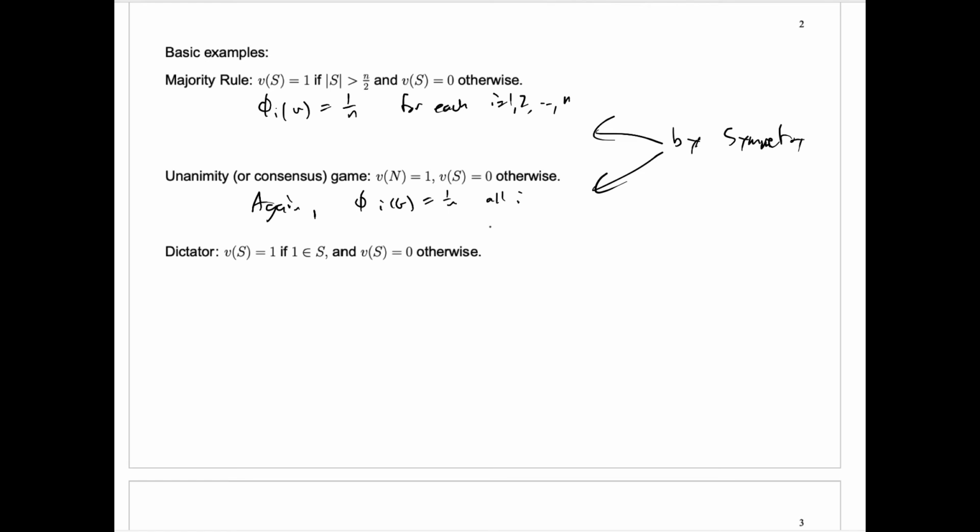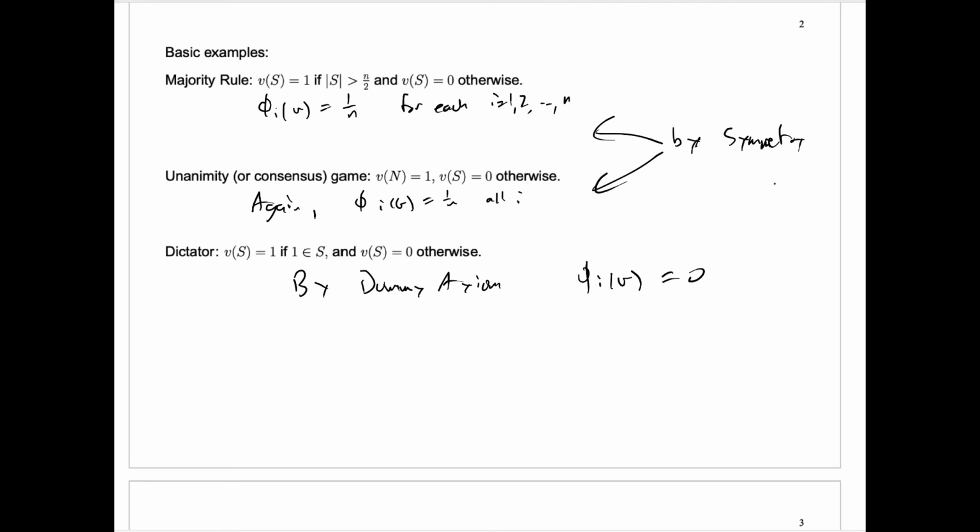Well, what can we say about the Shapley value in this situation? The dummy axiom tells us that the value for any player other than the dictator, player 1, must be 0 because they cannot ever change the value of a coalition from 0 to 1 by their addition.